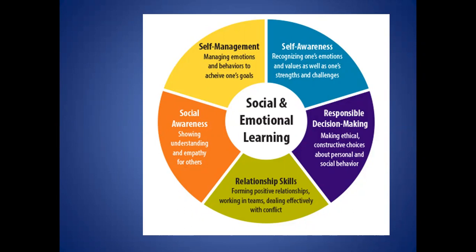This grid here shows the 5 things that when we're dealing with social emotional learning, we try to teach. So starting from the left top, self-management is managing emotions and behaviors to achieve one's goals. If you are working in the classroom with certain kinds of students, you can probably recall instances when a student did not control his or her emotions.